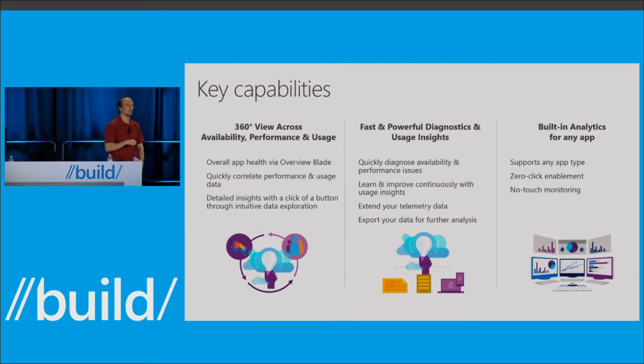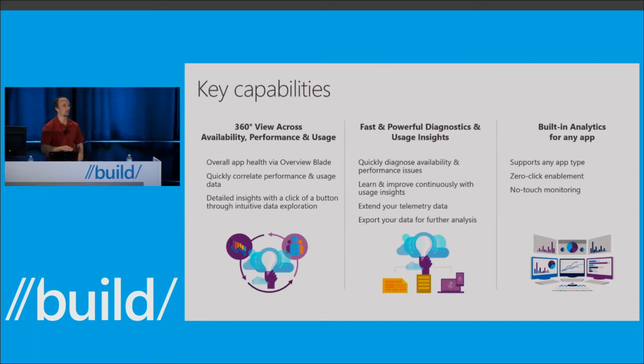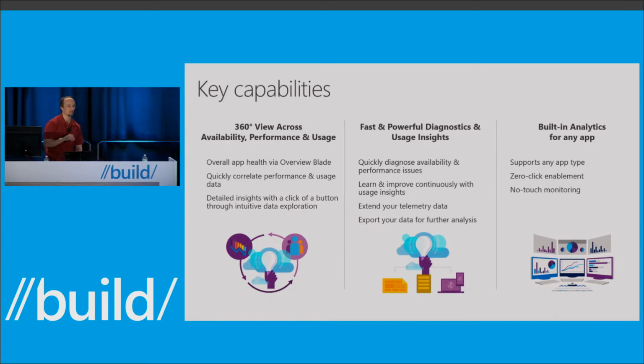We have a Java Eclipse plugin that allows you to do pretty much the same thing for your Java applications. We have a companion application for Xcode, for Android Studio, and so forth. So you would be able to onboard to Application Insights from any IDE, any platform that you have.